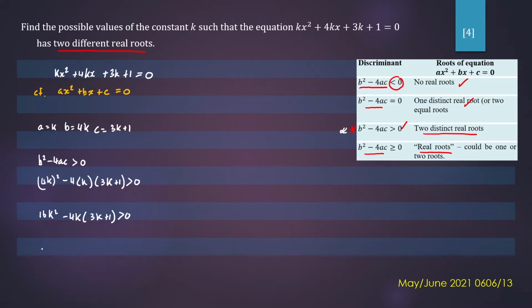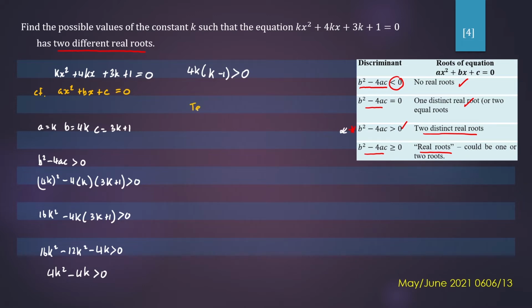So when we simplify further, we'll have 16k squared minus 12k squared minus 4k greater than 0, which will give us 4k squared minus 4k greater than 0. Now we can factorize a little. We'll have 4k bracket k minus 1 greater than 0. So what you need to do now is find the values of k that will make this inequality true.